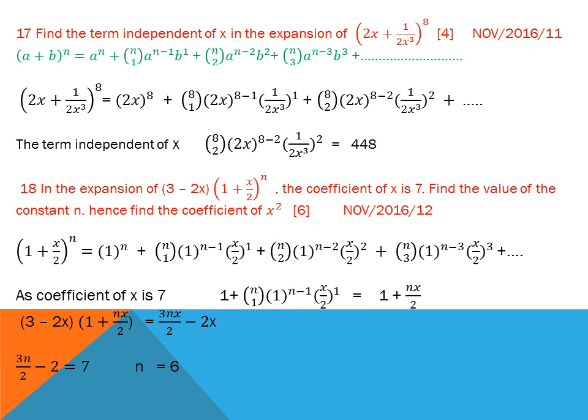In question number 18, in the expansion of (3 minus 2x)(1 plus x over 2) power n. This is a little bit odd because the power is in terms of n, not a constant. The coefficient of x is 7. We only need the terms including x here. Find the value of the constant n, hence find the coefficient of x square. First you should find the value of n, then find the term x square.